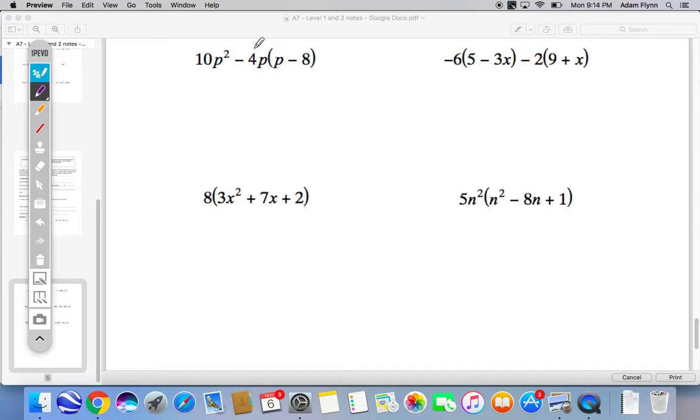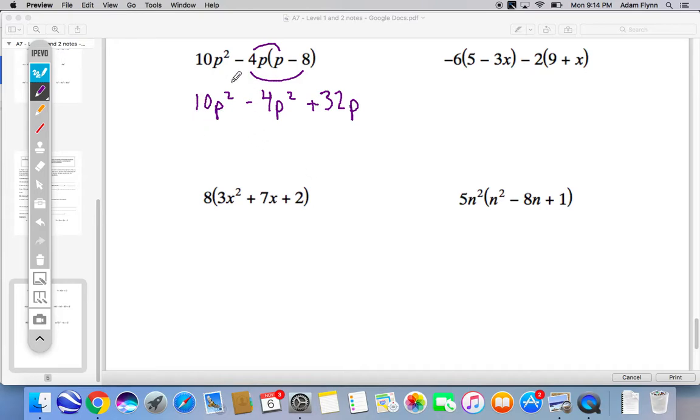Okay, so for this one I need to multiply this negative 4p by everything in parentheses. So I have this 10p squared that I have yet to touch. And I have negative 4p times p, which is negative 4p squared. And I have negative 4p times negative 8, which is positive 32p. So I took care of my distributing, so now I can combine like terms.